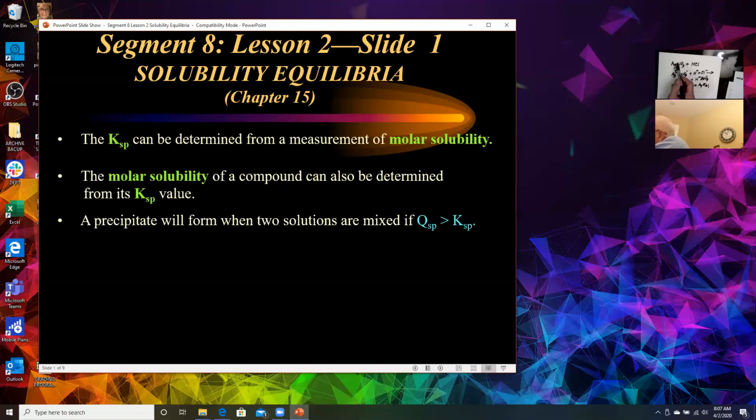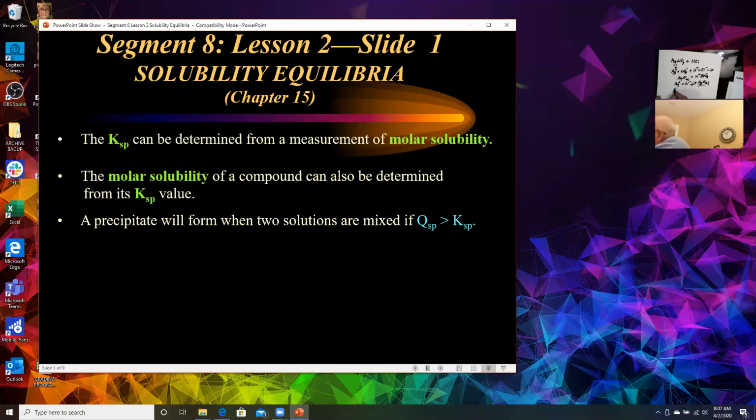Now, as we mix these things together, if I just take pure water and put some silver nitrate in it, the concentration of the silver ion goes up as I add the silver nitrate. And the concentration of chloride ion would go up as I add the hydrochloric acid. And eventually you would reach a point where you would start to see this precipitate. Remember, that's an equilibrium. So we need to be able to determine, will we get a precipitate or not?